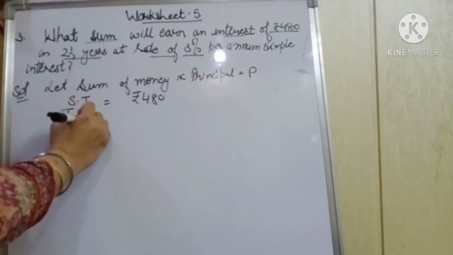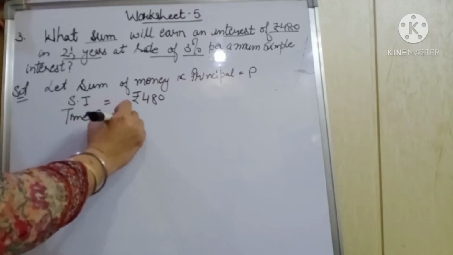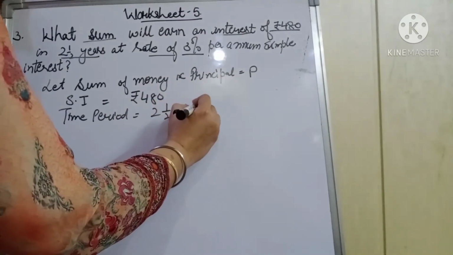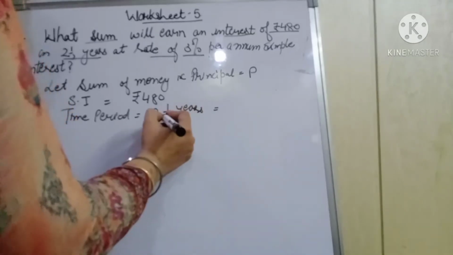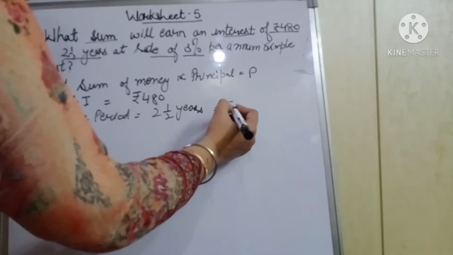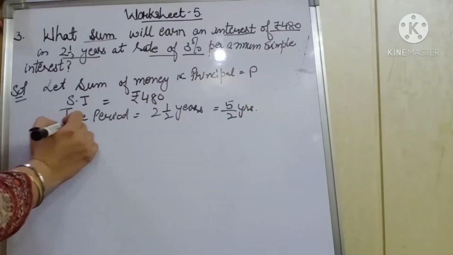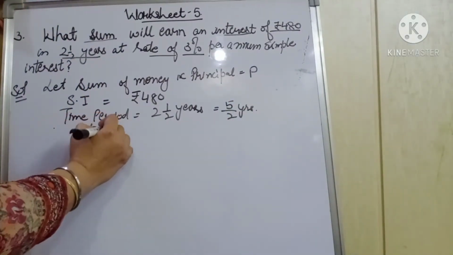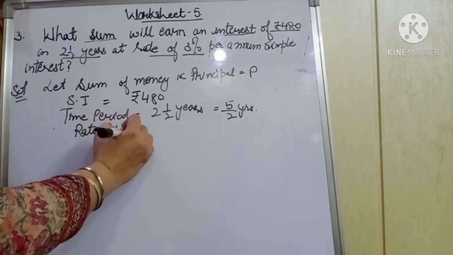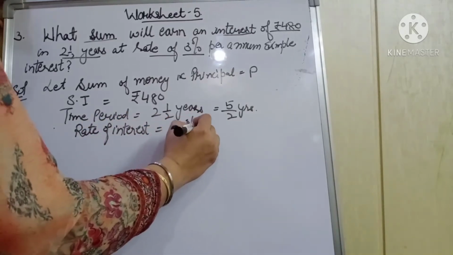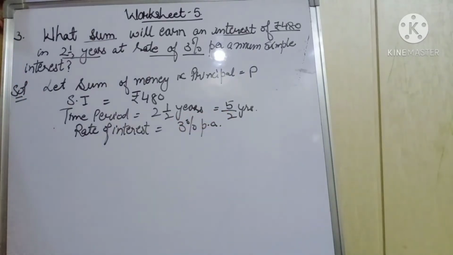Time period 2.5 years, that means 2 twos are 4, 4 plus 1 is 5, 5 by 2 years. Rate of interest is equal to 3% per annum.